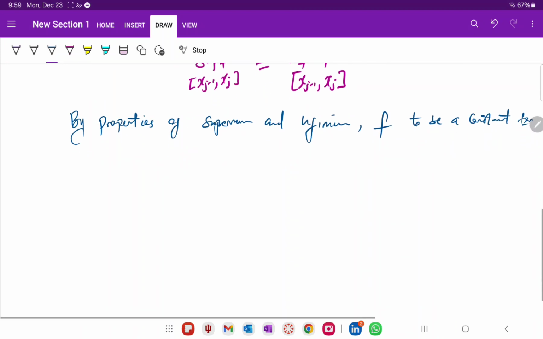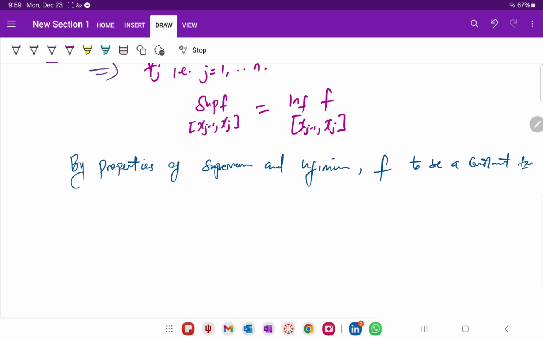So let me show the graph of what that means. We have a, b, then we have a constant function c. So that means that our function has to be a constant, a straight line on the entire interval [a, b].